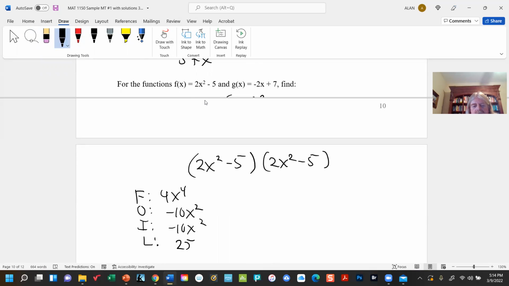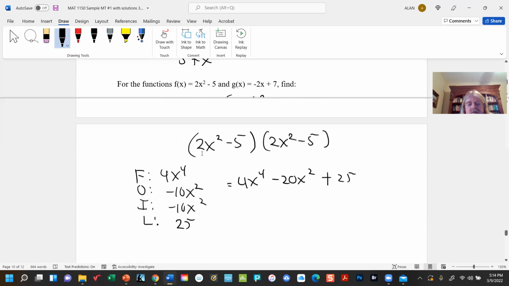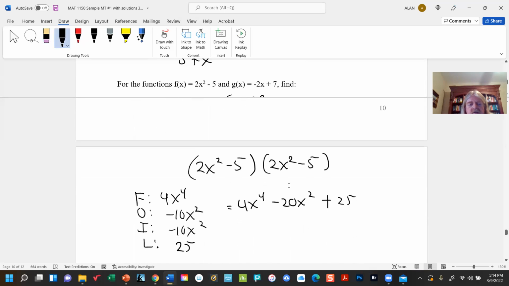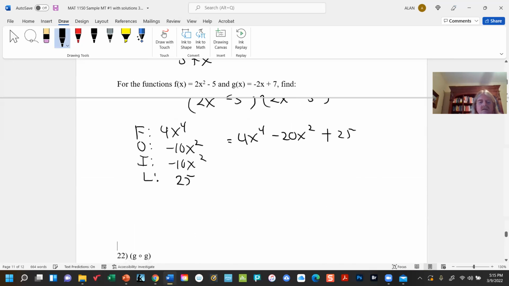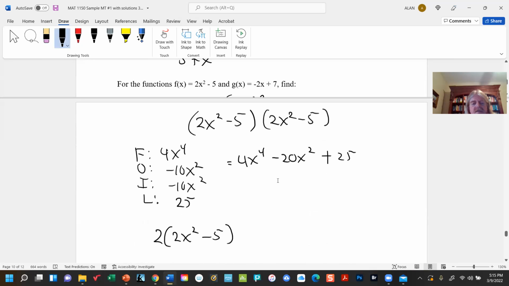All right, so you end up with 4x to the 4th minus 20x squared plus 25. Now that still has to be multiplied by 2 and we have to subtract 5. So 2 times 2x squared minus 5, squared, minus 5.